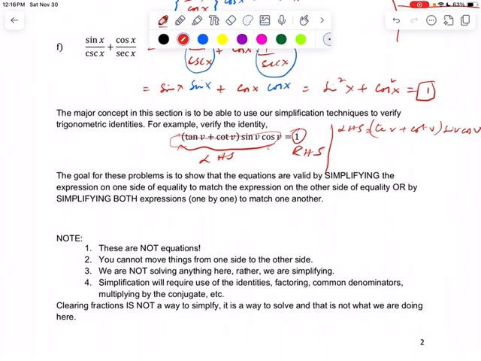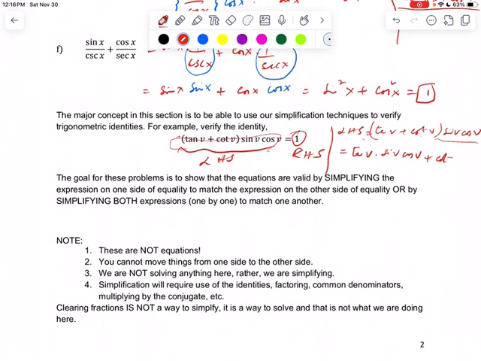Common sense pushes you to distribute, so multiply this with each quantity inside. I get tangent of V times sine of V times cosine of V, plus cotangent of V times sine of V times cosine of V.